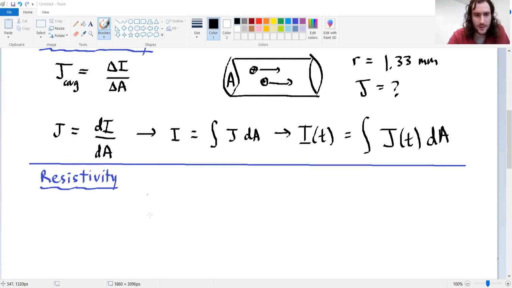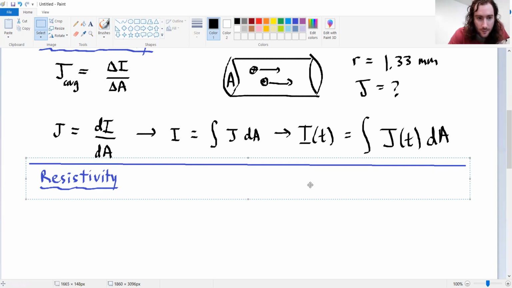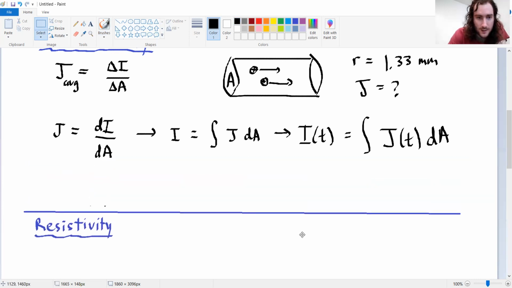When you get your answers for the current density, put them in the chat and compare with your peers. Actually, now that I think about it, there's one more thing I want to say about current density before we move on to the next part.